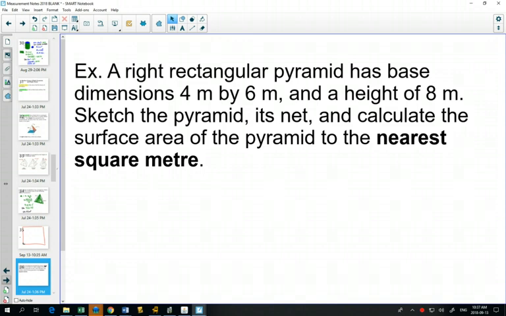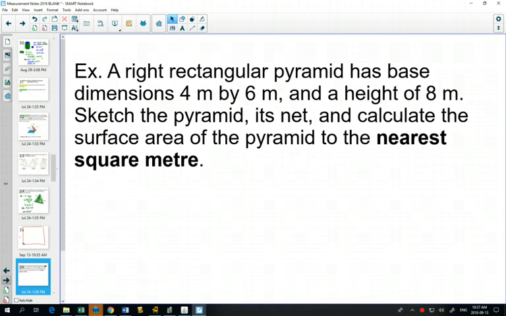A right rectangular pyramid has base dimensions 4 meters by 6 meters and a height of 8 meters. Sketch this pyramid. So now we are going to be practicing our art math skills, how to draw things in 3 dimensions. First of all, you know how to draw a rectangle in 2 dimensions, right?